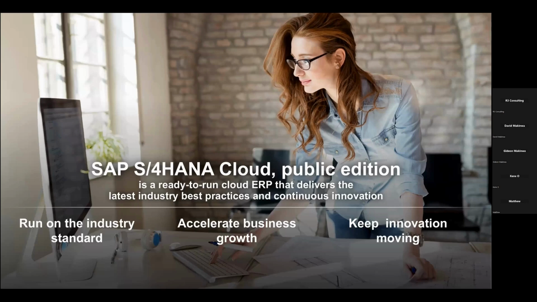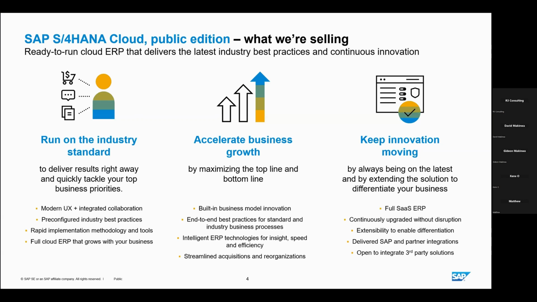Other ERPs have more focus on horizontal, which is more generic business processes. SAP is one of the best when it comes to vertical industry solutions, like we are discussing the airline. How will SAP support airline industries? Let's talk about the airline.